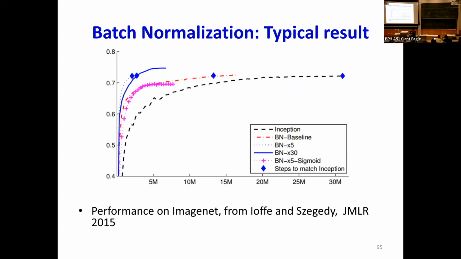But how exactly does it affect training? This is the original paper by Ioffe and Szegedy from 2015. The lowest dotted curve is for a complicated neural network for image recognition. That's how the model converges with iterations.